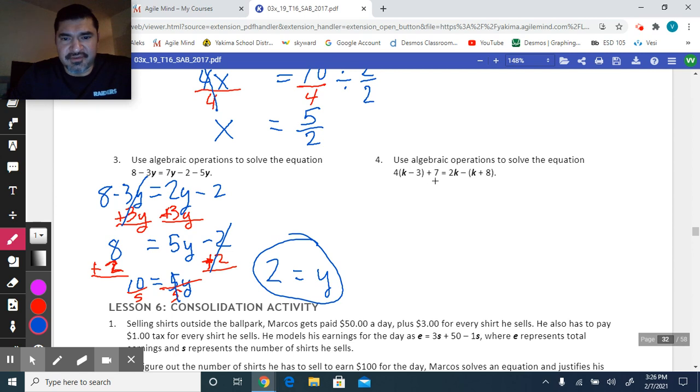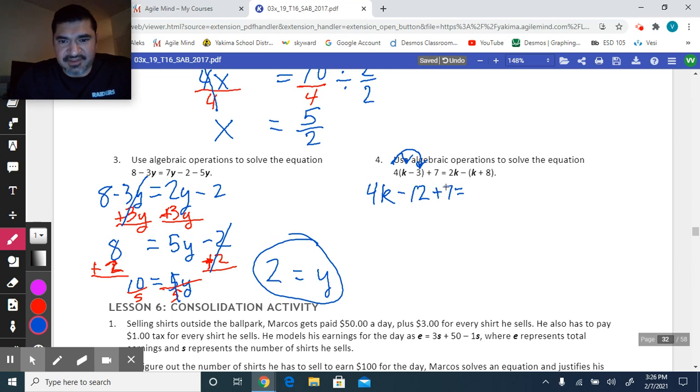First thing we should do is distribute this 4. So I have to go 4 times k, which is 4k. And then 4 times -3, which is -12. And then I'm just going to go ahead and put this plus 7 equals. So the only thing I did here was distribute the 4. That's it.